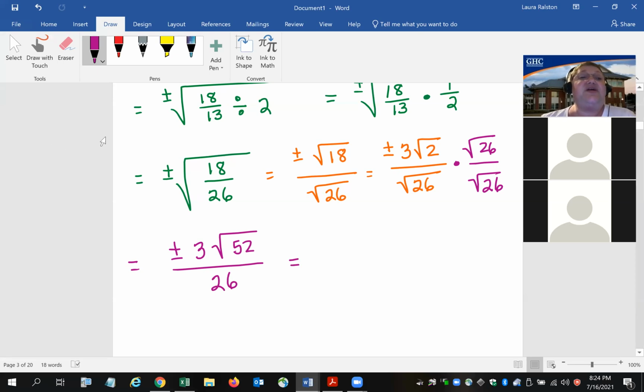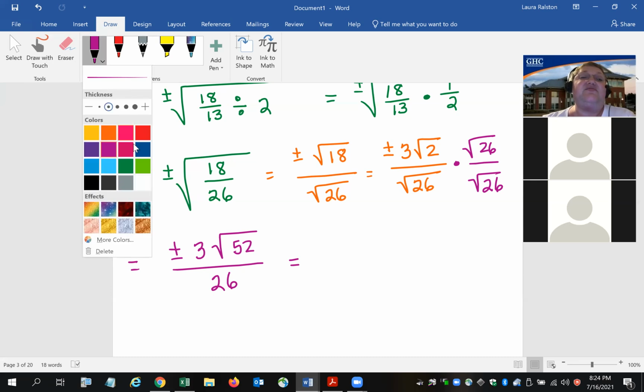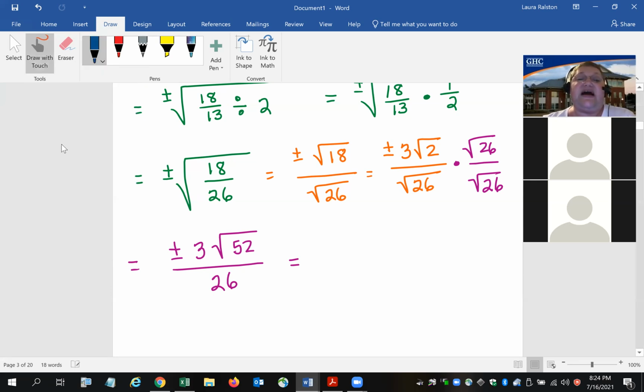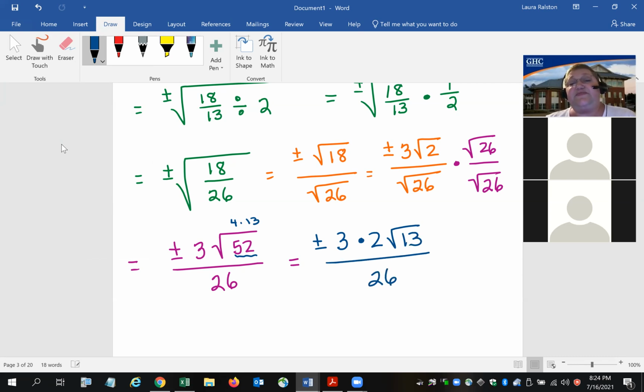And I'm almost home free, but I do need to simplify my radical again because 52 is 4 times 13. So I'm going to have plus or minus 3 times 2 on the square root of 13 all over 26.